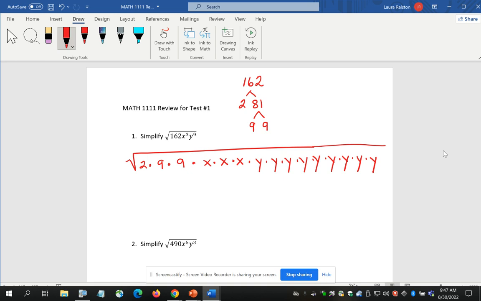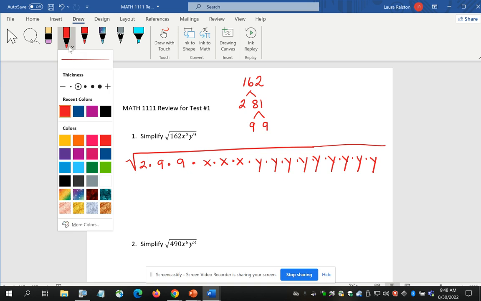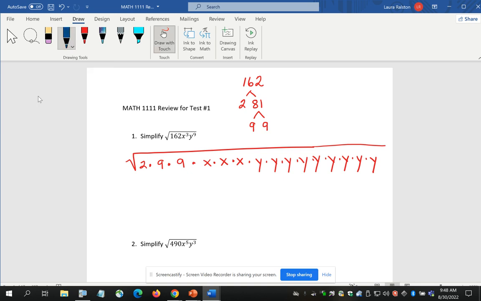Okay, the way I look at it, since this is a square root, you have to be a perfect square, you would have to have 2 of that particular number or that particular variable. So I notice that I have a pair of 9s, I have one pair of x's, I have 1, 2, 3, 4 pairs of y's.